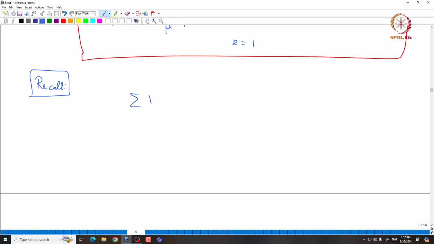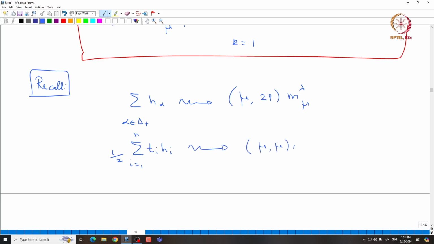The summation of H_alpha, alpha in delta plus, gives you mu comma 2 rho times the multiplicity m_lambda(mu), and then the summation of T_i H_i, i ranging from 1 to n, gives us mu comma mu times m_mu(lambda).